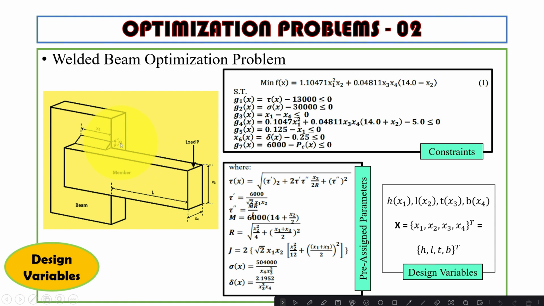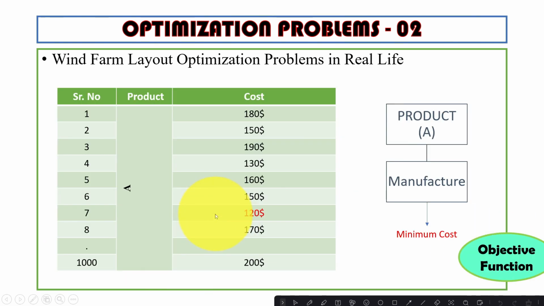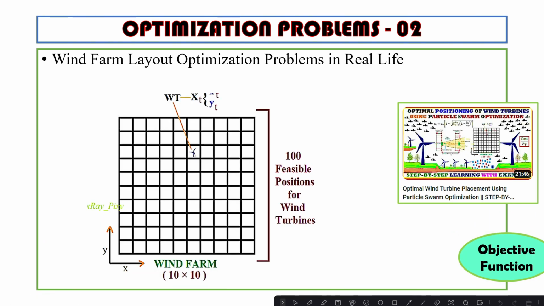For example, for this welded beam optimization problem, you can see this is the objective function and then different constraints, pre-assigned parameters and the design variables. Next, we will select the best optimization technique to solve the problem, and here we will apply the objective function to find the minimum or the maximum value according to the problem.